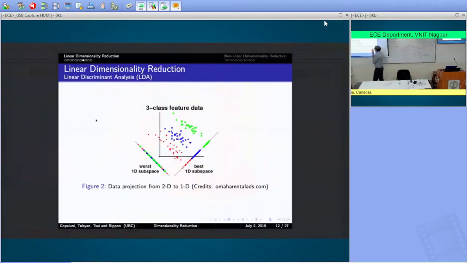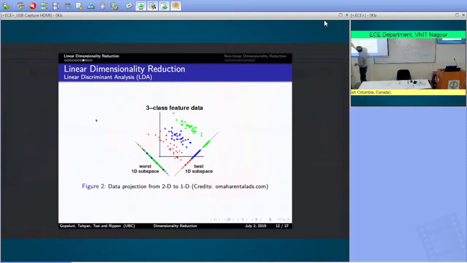I want to find a straight line. Do you know what projection is? It's basically the shadow of your data on a certain line. So I want to find a straight line in the space so that these 3 data sets are maximally separated, and it's easy for me to use a classification algorithm. Now, I have 2 examples here.